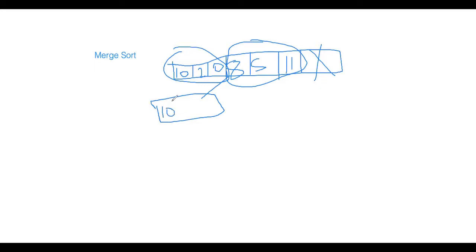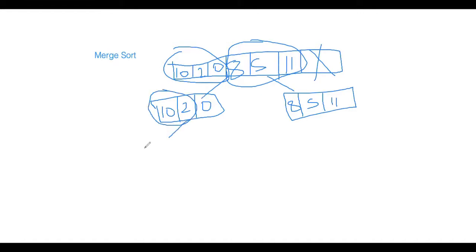So we will get one sub array, 10, 2, and 0. And then we will get another sub array, 8, 5, 11. Here we're not using a different array. We are just doing a logical divide. Then we will again divide these. It depends on the way we divide.